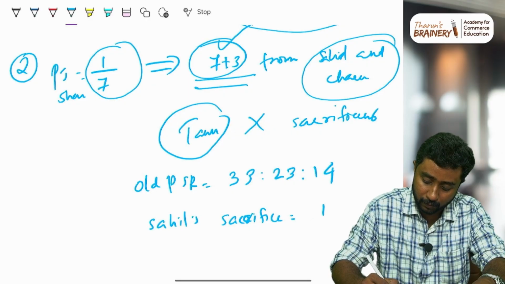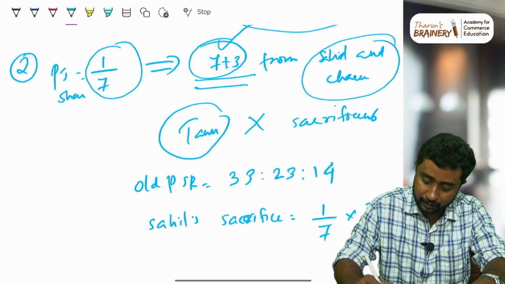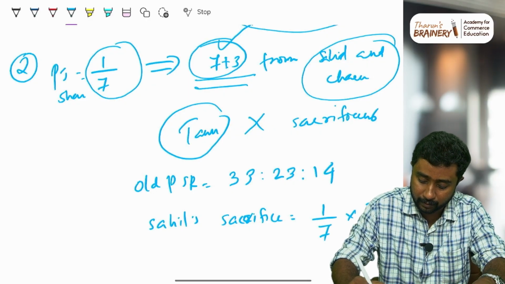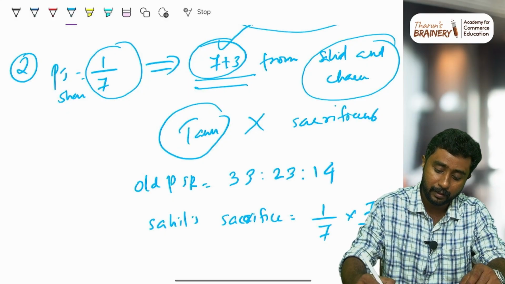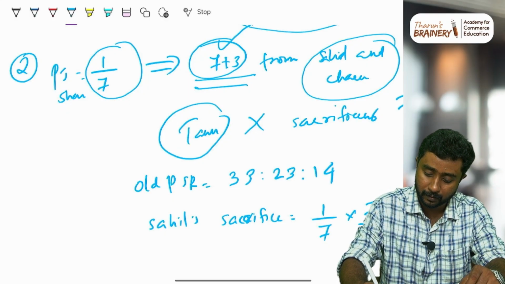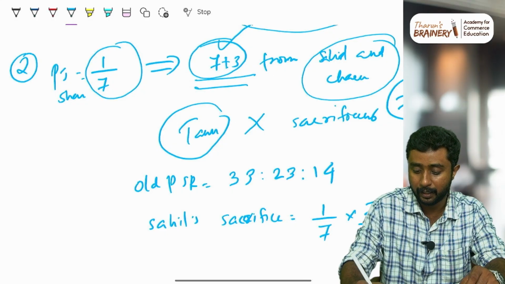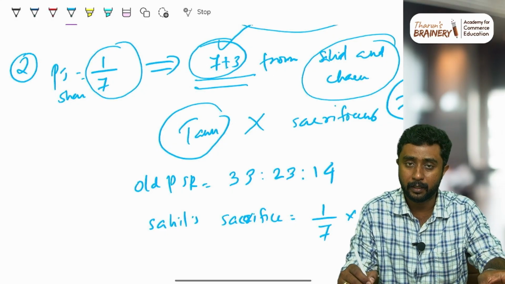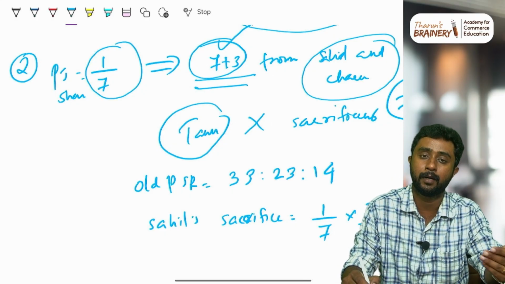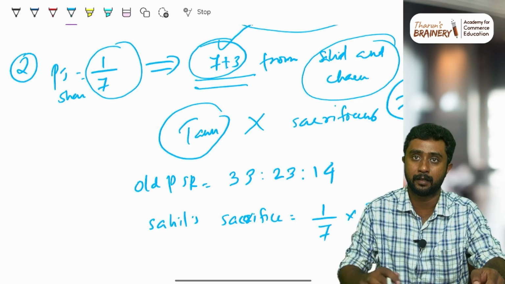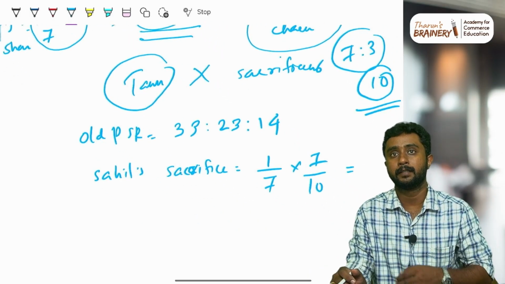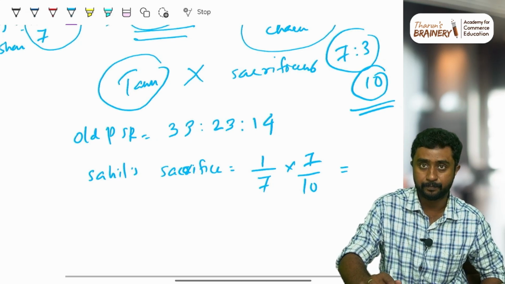So Sahil's sacrifice will be how much? 7 parts, right? So 7 by 10 part is given by Sahil. How did 7 by 10 come? Totally the ratio was 7 is to 3. So when you add it, we get 10 parts. Totally it is split into 10 parts. Out of that, 7 parts are given by Sahil. That is the meaning of this. A ratio can be interpreted in this manner also. So 1 by 7 into 7 by 10.